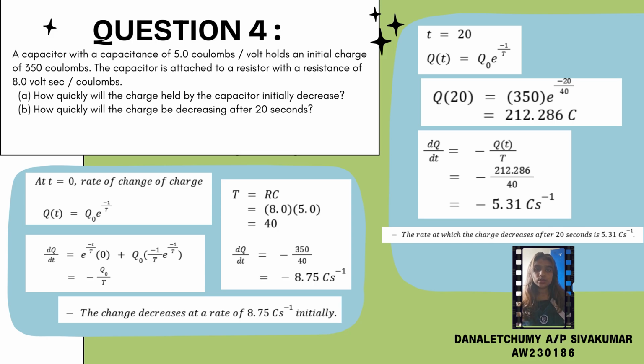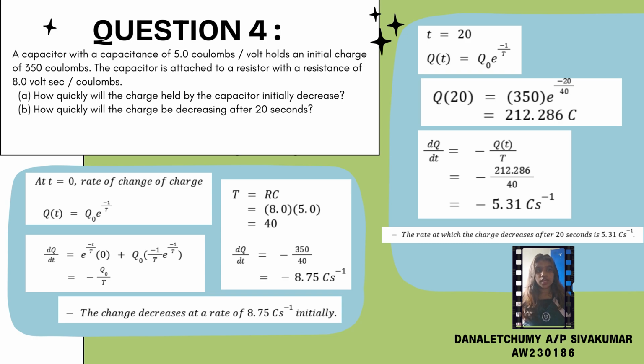Part B. How quickly will the charge be decreasing after 20 seconds? So t will be equal to 20. Q(t) equals Q0 exponential negative t over tau. By substituting the value of t equals 20 into the formula, we will get 212.286 coulombs.